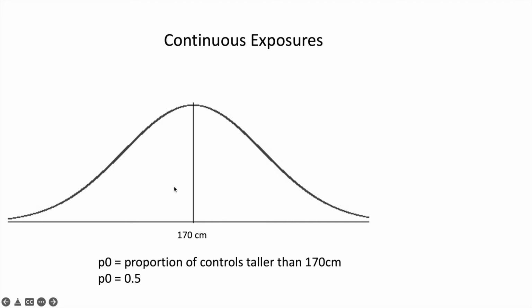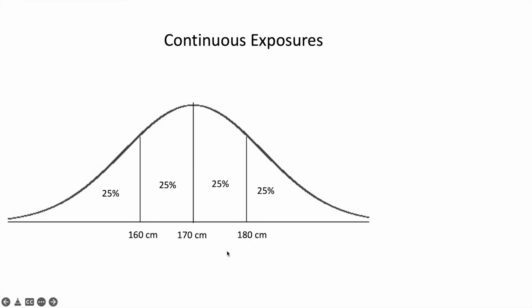And now, like I said before, P naught, the proportion of controls exposed, the controls represent our underlying population anyway. So we can assume that about half of the controls are going to be exposed because half of the population is exposed. We made that happen on purpose, that it's 50-50. So we can say about half of the controls are exposed.